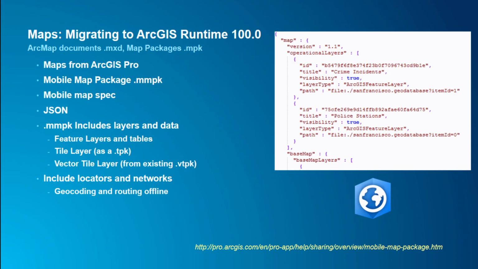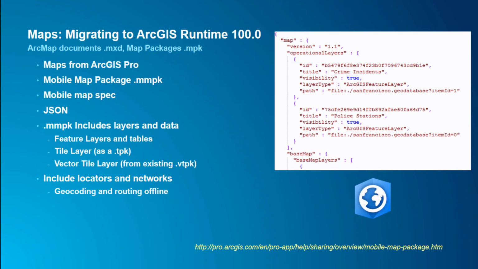It includes feature layers and tables, including related tables and attachments and associated things like that. It also includes tile layers as a TPK, and vector tile layers as a VTPK as well. So you've got the option to include essentially your operational data and your base maps within that mobile map package. Mobile map packages also contain locators and networks.